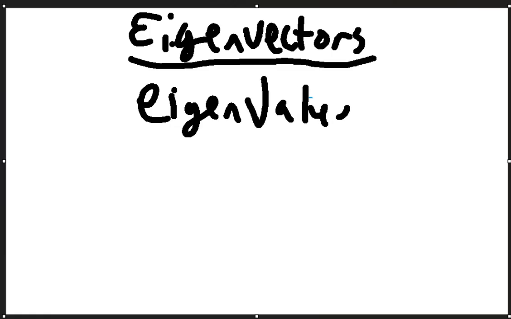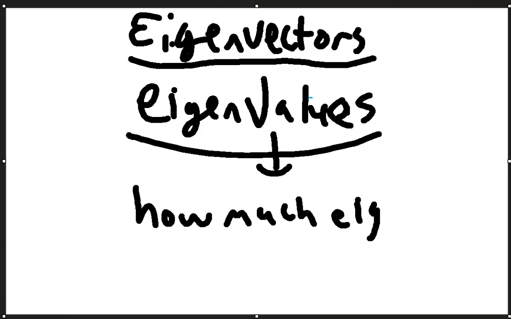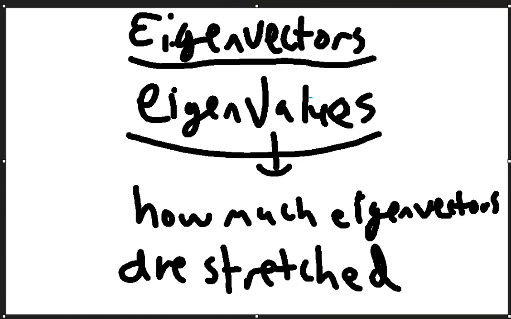Eigenvalues are how much eigenvectors are stretched, or technically squished, because sometimes, if you have a negative eigenvalue, that means your eigenvectors got smaller. They point in the opposite direction of where they started.